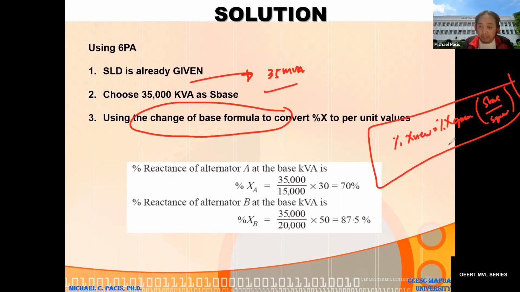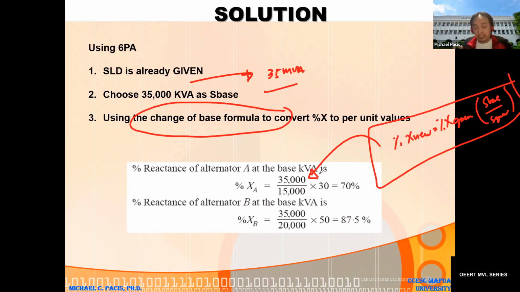You will make use of this because the system is linear, and the pre-fault per unit voltage is equal to 1 because there is only one voltage on the system, the 12 kilovolts. From the SLD, using the formula, you can get the new percentage reactances.